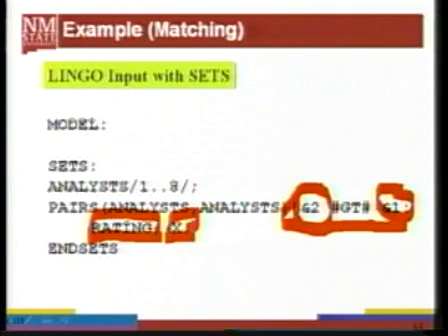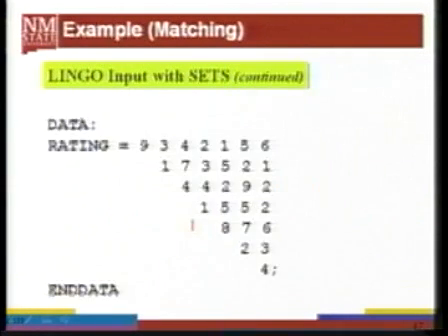And next, we simply initialize the ratings attribute using the data section. Actually, you don't need to make spaces like this, but it's just good for the readability of the model, okay?